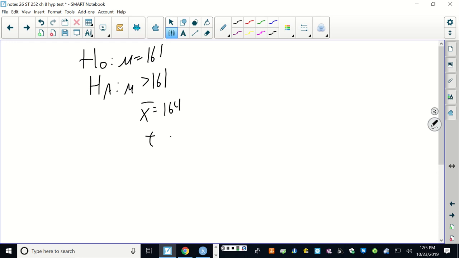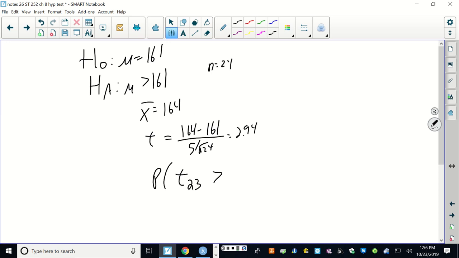Our t-statistic is still going to be the same thing, 164 minus 161 over s over the square root of n. We're still going to get 2.94. And we're going to calculate the probability that a t-distribution with 23 degrees of freedom, because n was 24, is greater than that.